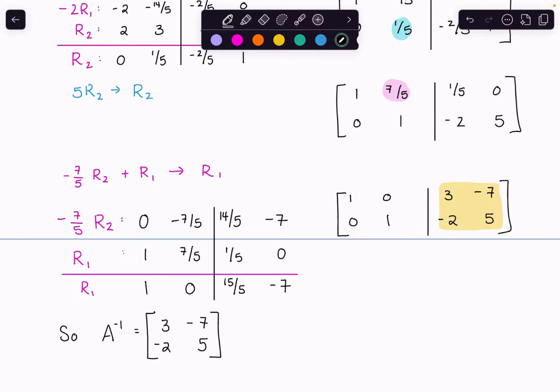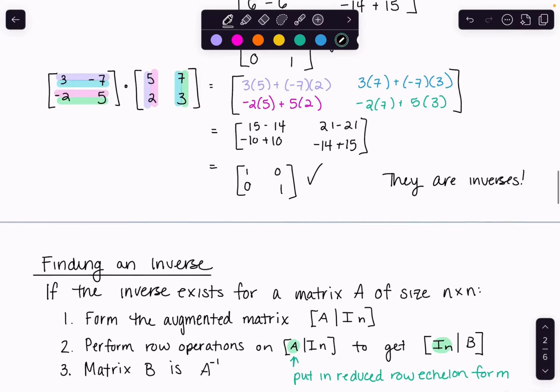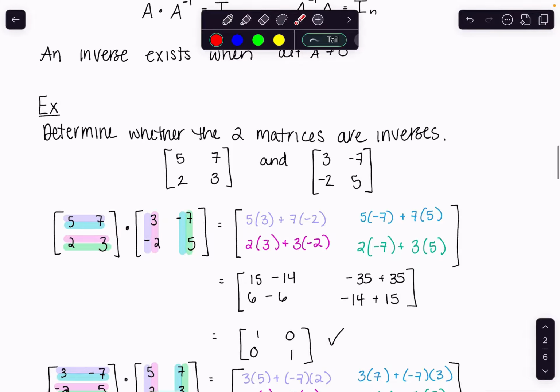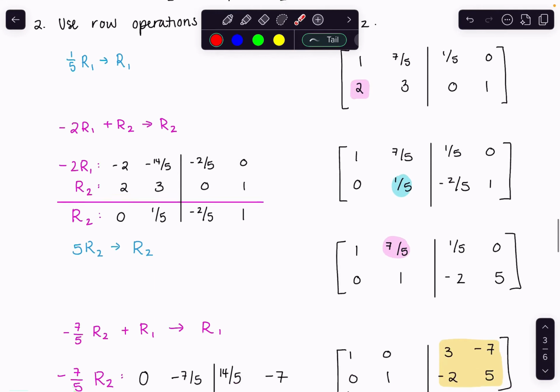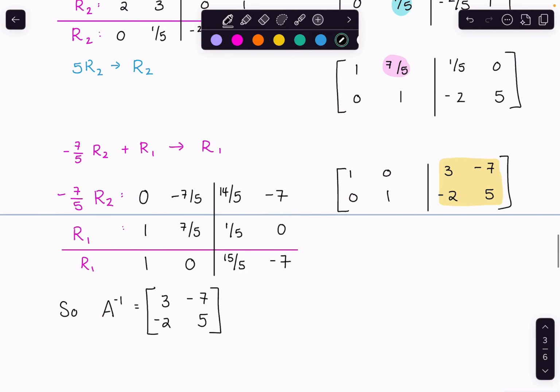And if I go back up, that is exactly the matrix that I was given, and I know those two are inverses of each other. So this does work out. This is right. This is exactly the inverse we were given.